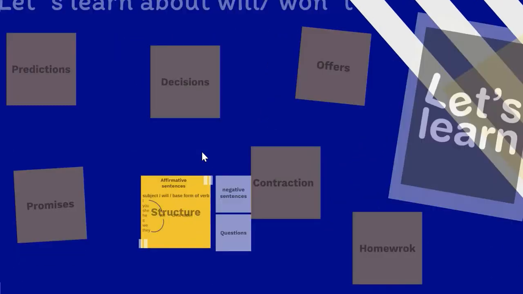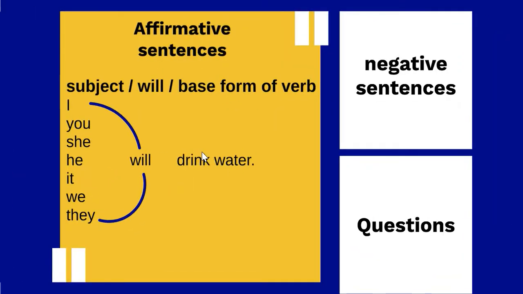Okay, so now let's talk about some important details about the structure. As you can see, will is going to be used for all the subject pronouns. I will drink water, you will drink water, he, she, or it will drink water, and we and they will drink water. For all the subjects, you only need to use will and the action that is going to happen, or that you will do, in the future.